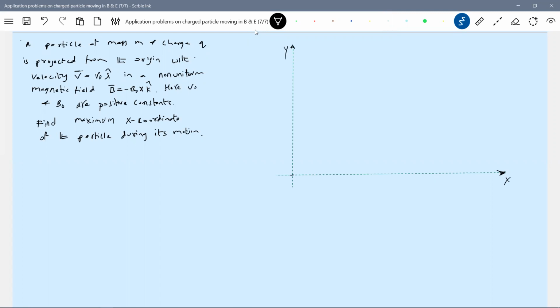It is projected from origin with a velocity v naught. Now what will happen to the charged particle? Look, B bar is into the plane, everywhere into the plane. That magnetic field is going to vary along x, a non-uniform magnetic field. So from Fleming's left-hand rule, with B bar and velocity, the magnetic force will act in this direction. Let it be some F naught initially.